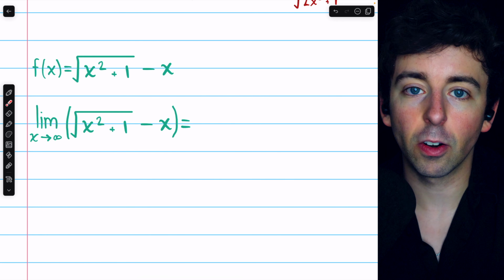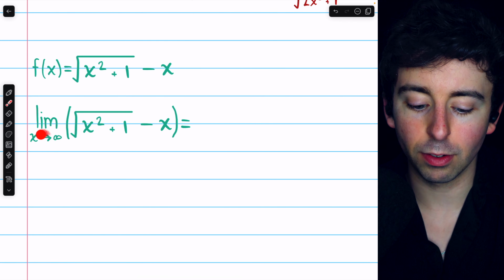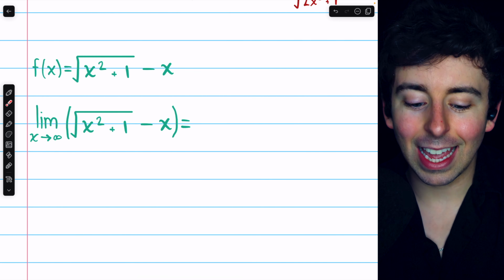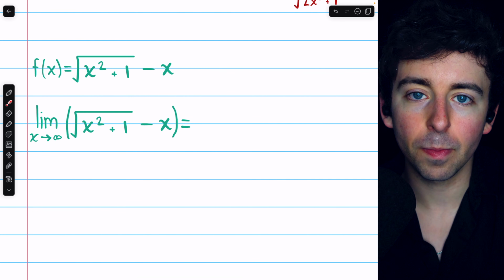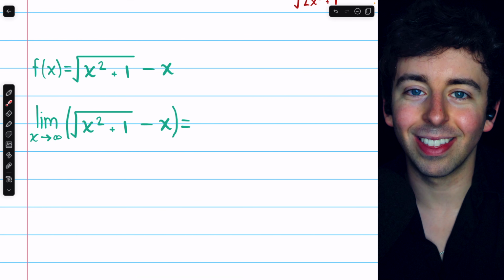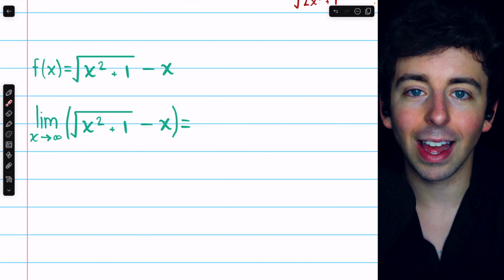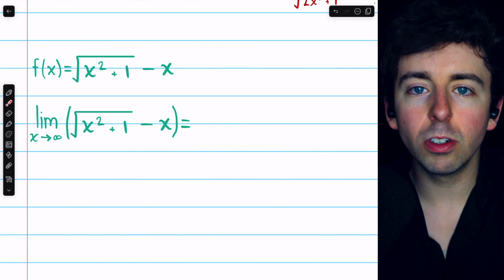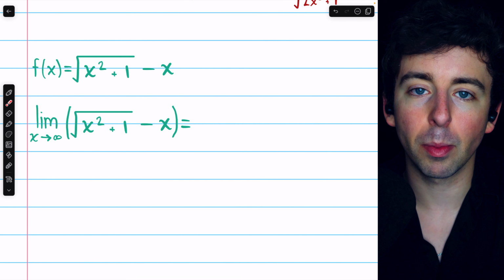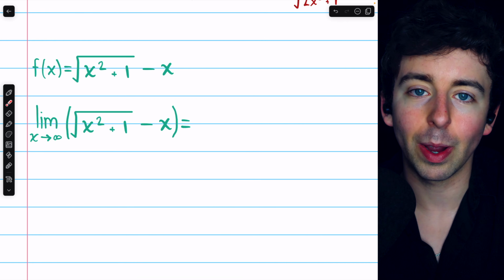So we're left to consider what happens when x approaches positive infinity. In that case, this function may indeed have a horizontal asymptote. In order to ascertain what this is, we're going to multiply and divide by the conjugate of this expression, which is a strategy you may remember from some of our early examples of evaluating limits.